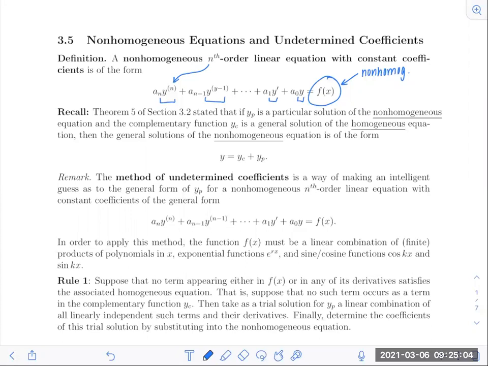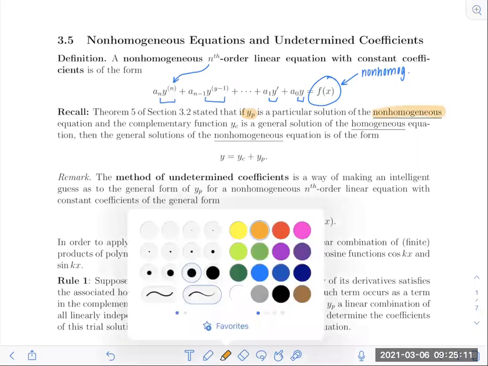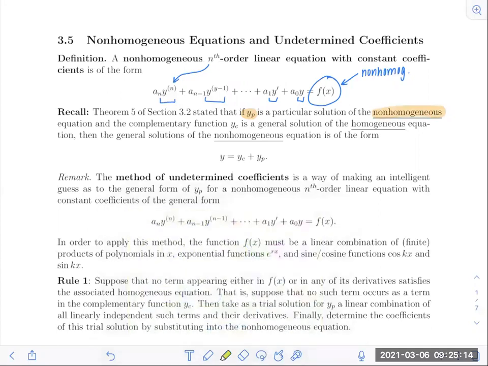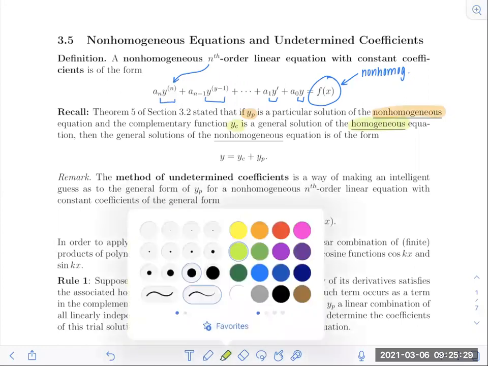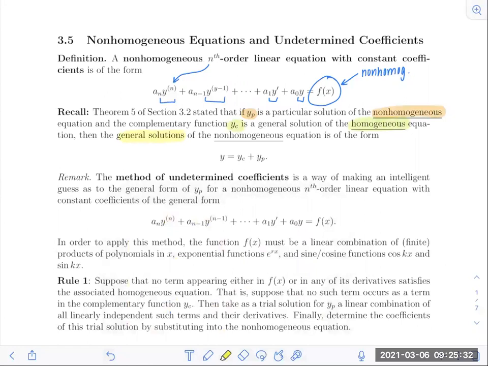What we discussed was if we have a particular solution for the non-homogeneous differential equation, and we have what's called a complementary function for the homogeneous equation, again, I'm color coding these so that you will associate y sub p with the non-homogeneous and y sub c with the homogeneous, then the general solution of the non-homogeneous equation can be written as the sum of the complementary function and the particular solution.